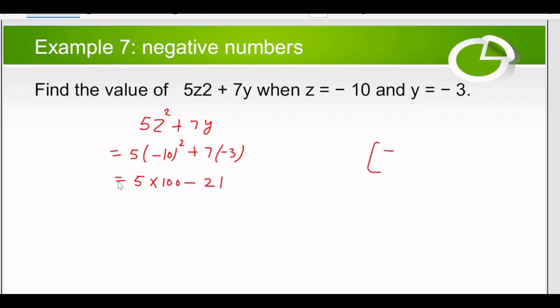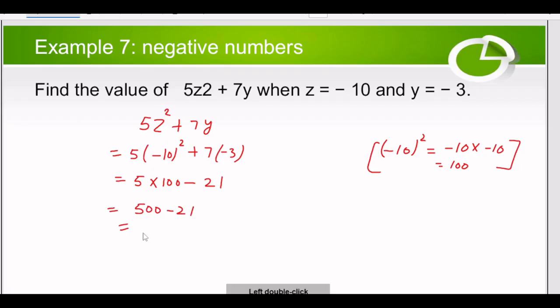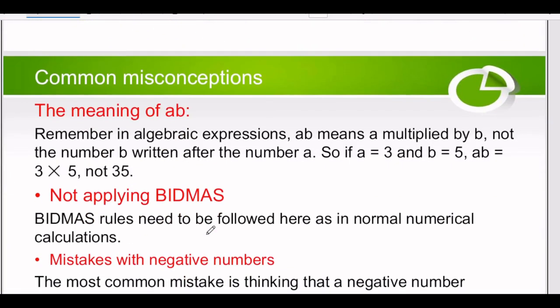Negative 10 squared means we multiply negative 10 twice. That is how we get 100. This negative and negative get cancelled. 7 times negative 3 is negative 21. So, this is 500 minus 21. So, 500 minus 21 is 479, right.